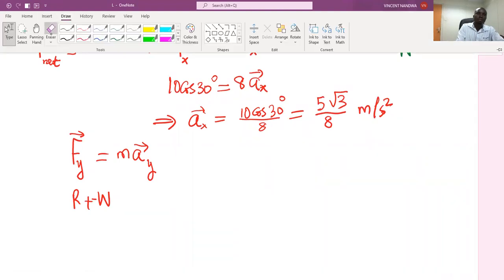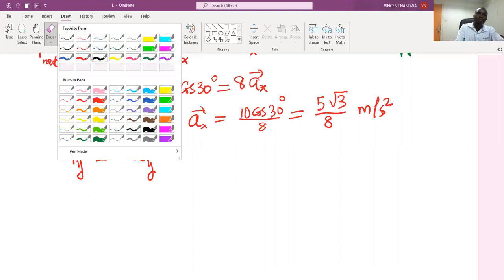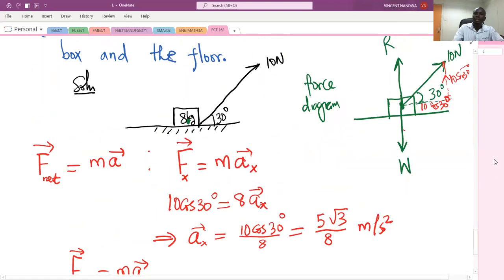So it'll be the normal reaction R, minus the weight, plus this component, 10 sine theta.